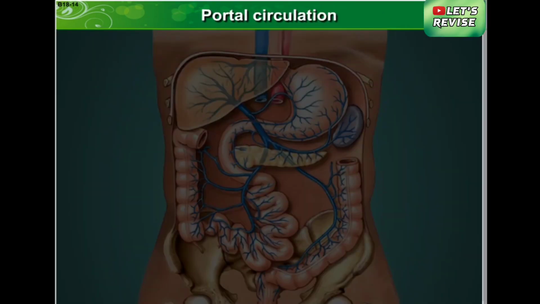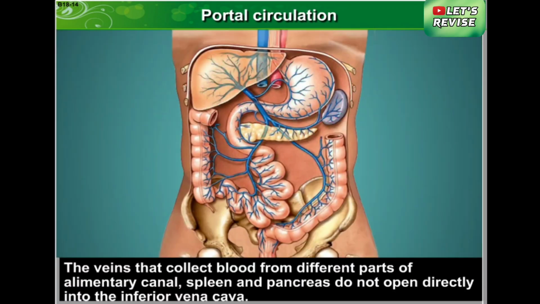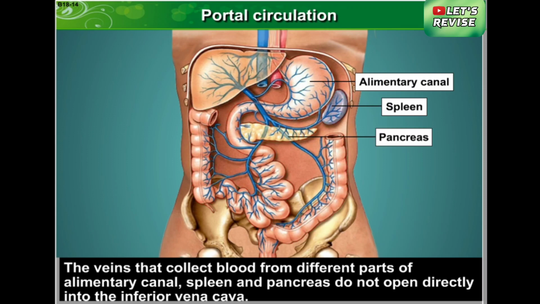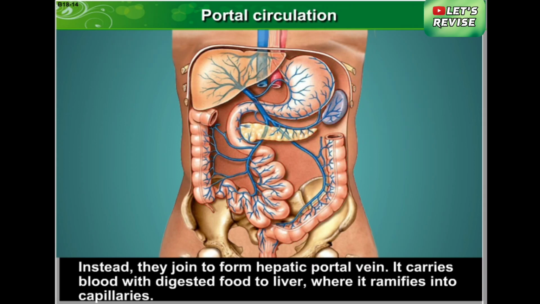Portal circulation. The veins that collect blood from different parts of the alimentary canal, spleen, and pancreas do not open directly into the inferior vena cava. Instead, they join to form the hepatic portal vein. It carries blood with digested food to the liver, where it ramifies into capillaries.